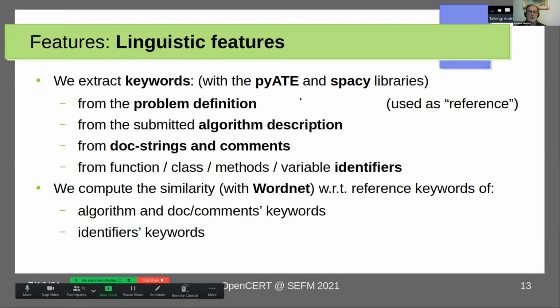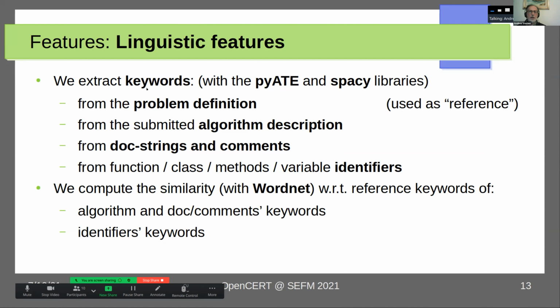To do that, we use the spaCy library, a natural language processing library used to analyze free text, and PyATE, which is the acronym for Python Automatic Term Extraction, a library used to select the most important keywords of a piece of text.